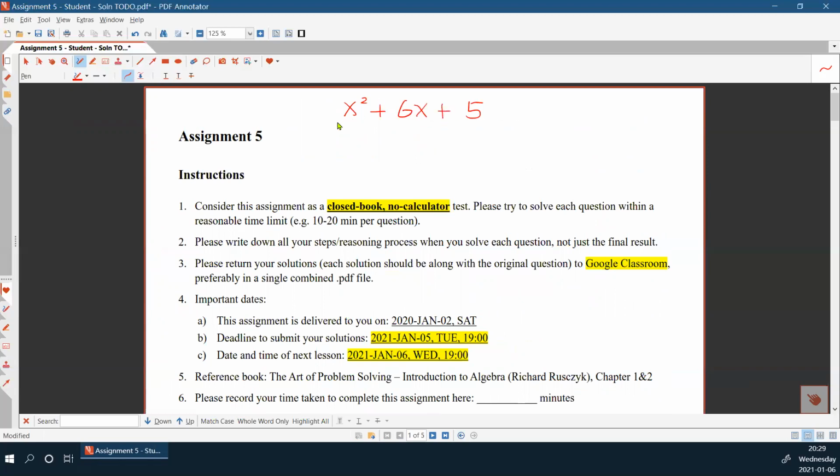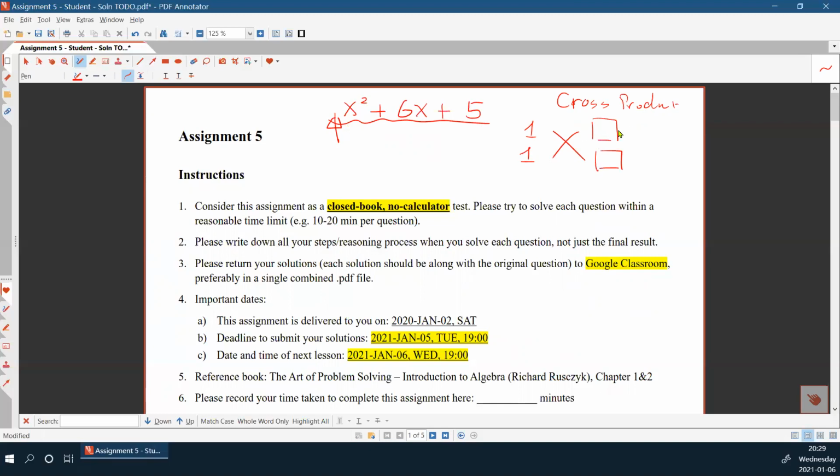So how to factor this? The method is called cross product. So the coefficient here is 1, right? So put 1, 1 here, and try to guess two numbers.